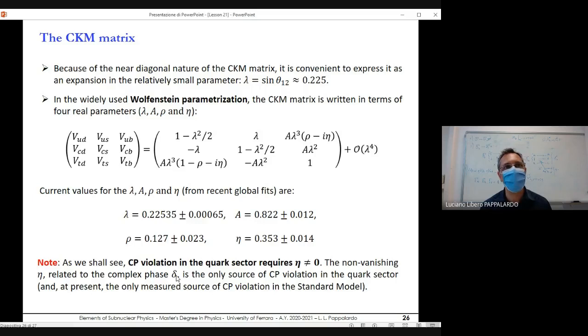For the lepton sector, I will show you next week that there are small hints, based on new results on CP violation in the lepton sector, in the sector of neutrino physics, which we will discuss next week. For the moment, the only, let's say, official source of CP violation in the standard model is this one, and it is related to the non-zero value of this eta parameter here.